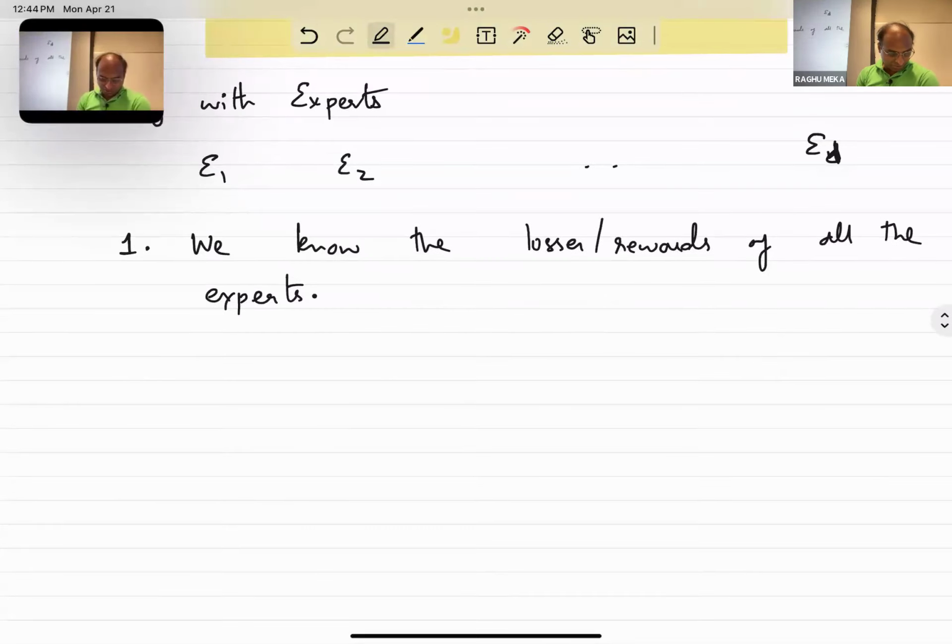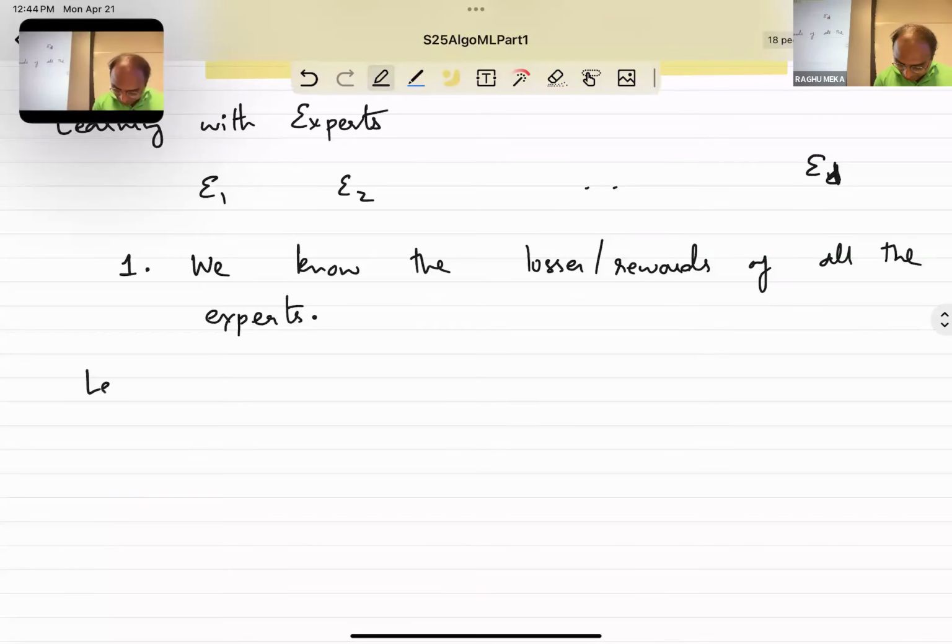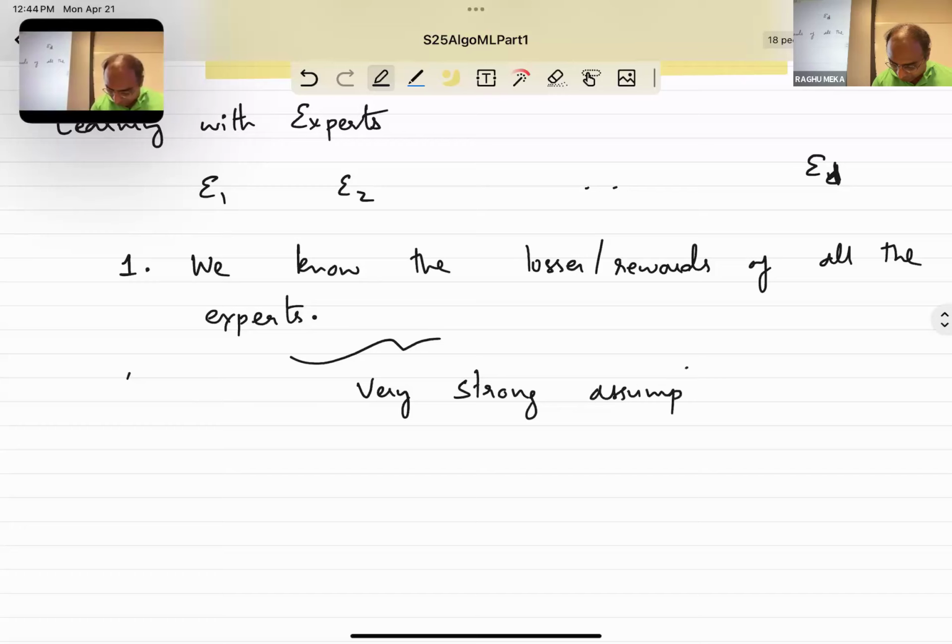So that's sort of the reason it's called bandit. So this is a very strong assumption: knowing all of the losses or rewards.